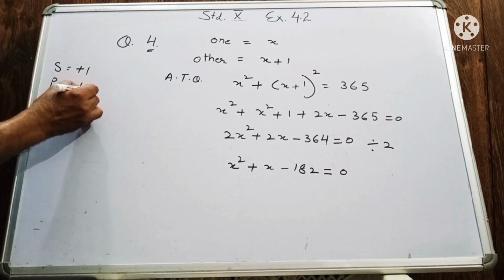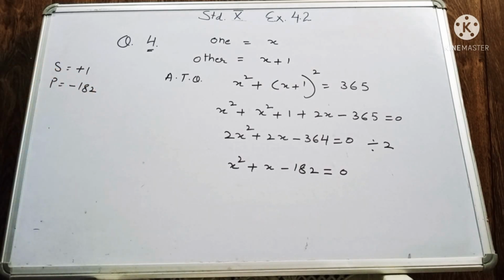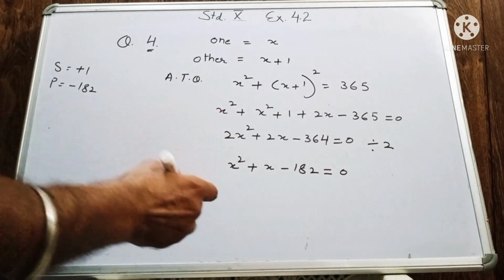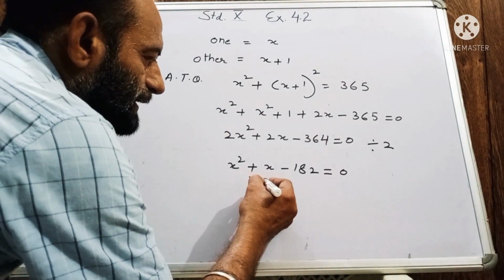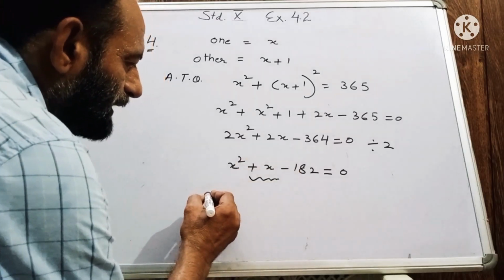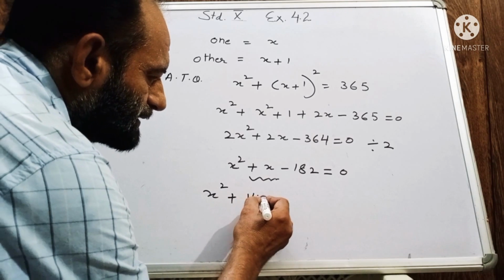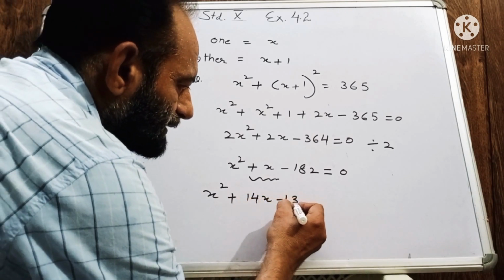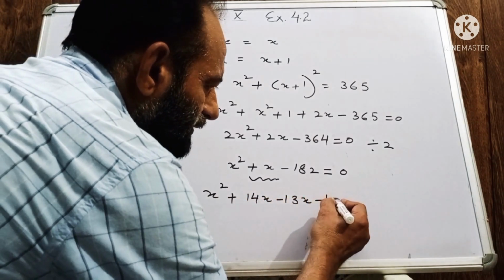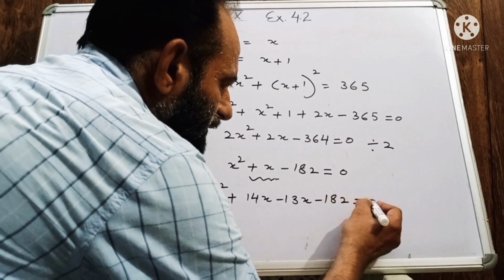You know 13 and 14 are the factors of 182. Sum is plus 1. So the greater number will be plus 14 and minus 13. The numbers will be plus 14 and minus 13. Now we will split the middle term. X square plus 14x minus 13x minus 182 is equal to 0.